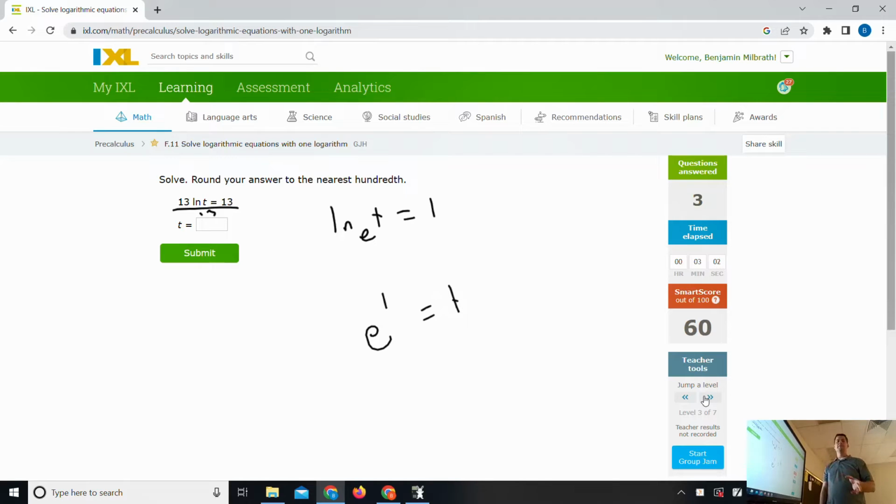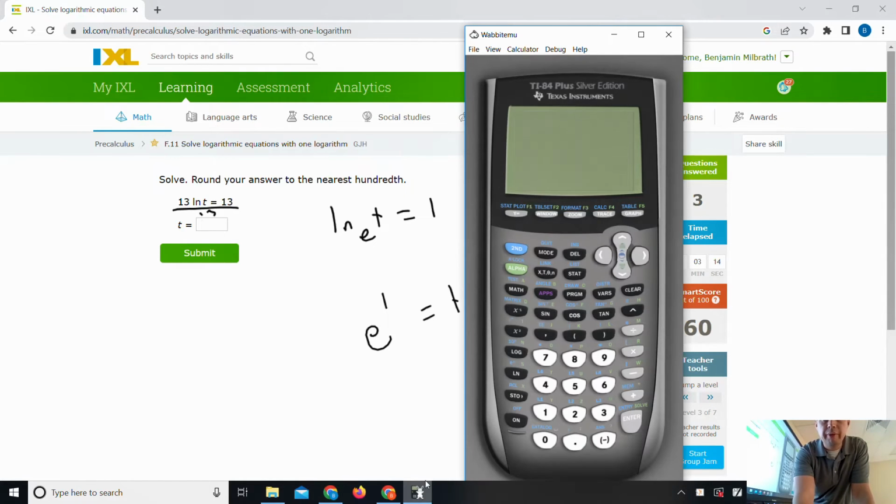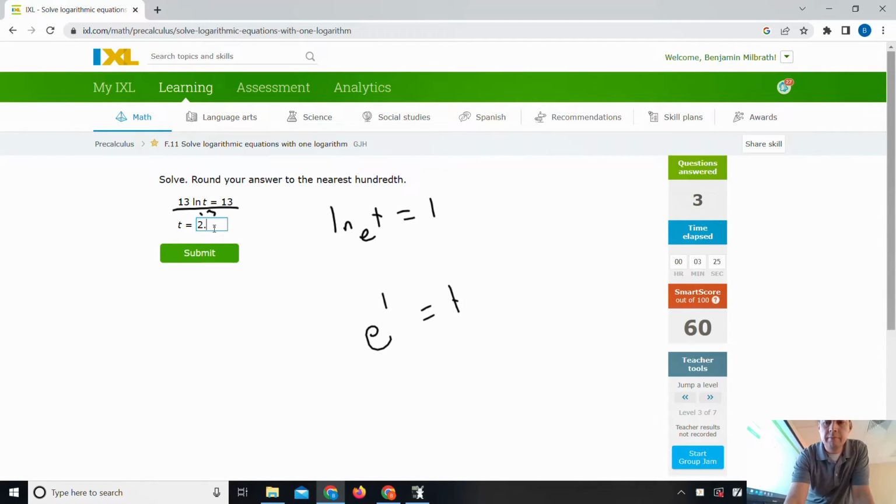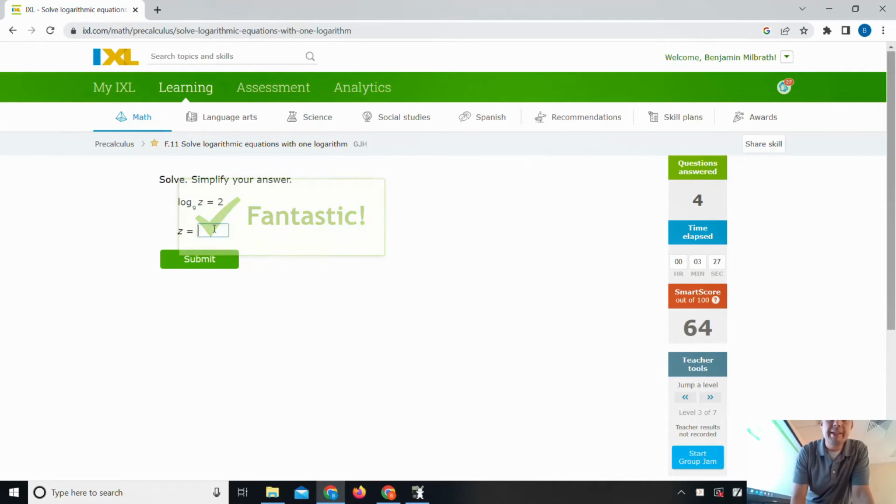So the answer is either the first or... oh, well, they just have e. Of course, you're supposed to remember that e is roughly 2.72, and I'm sure each and every one of you out there knows that. It's something you're supposed to know. Doesn't mean you do. 2.72. Told you. Fantastic.